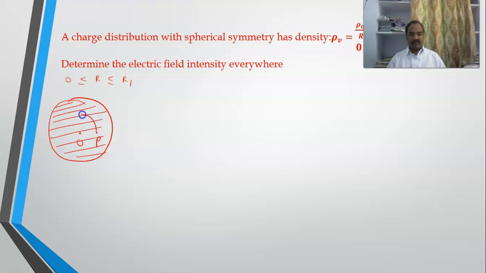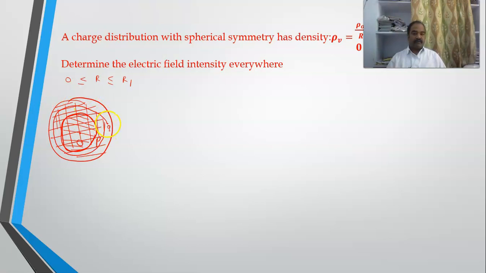I am supposed to consider only this particular volume of charge, whatever charge is present in this spherical volume at a distance r from the origin. Only this charge am I supposed to consider. If I consider Q here, I will be drawing a sphere around it like this. Whatever charge I get in this region, that I am supposed to consider.